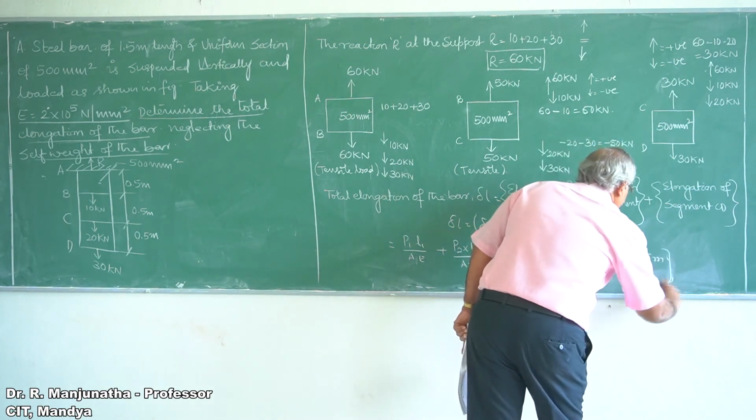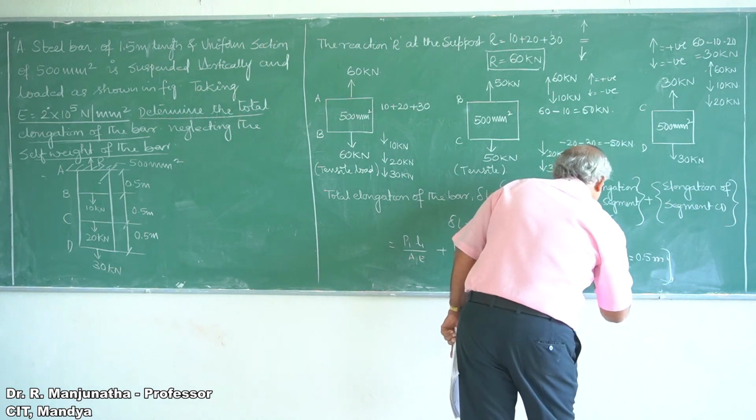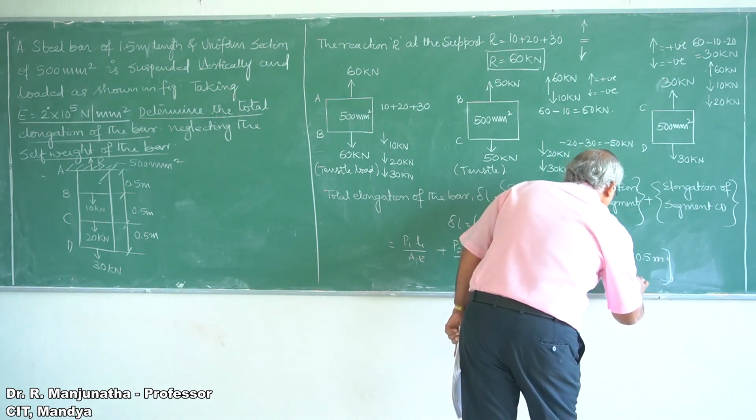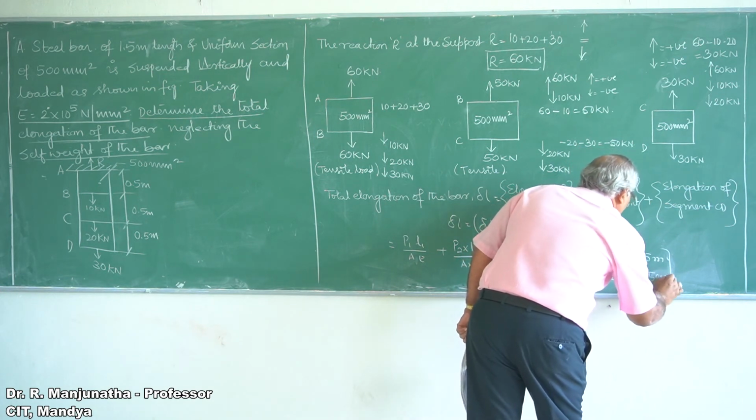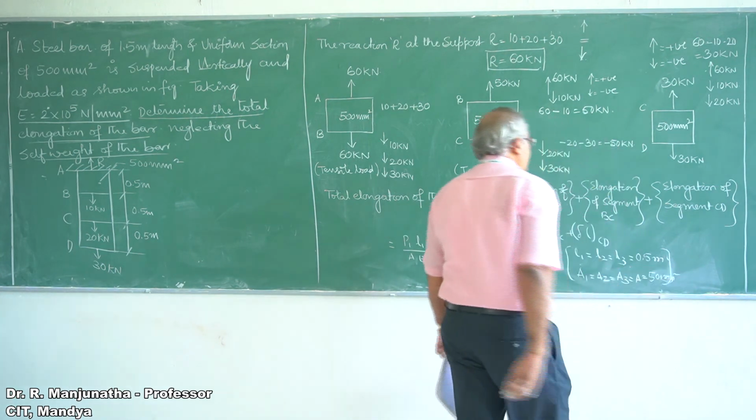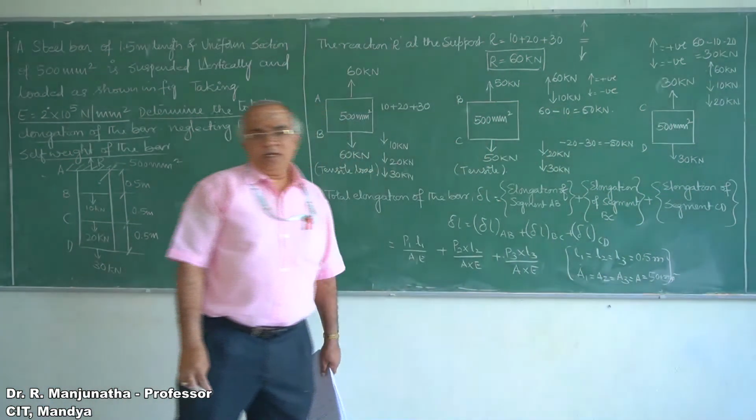Similarly A1 is equal to A2 is equal to A3, which is equal to A, which is 500 mm square. This is how we get the equation.